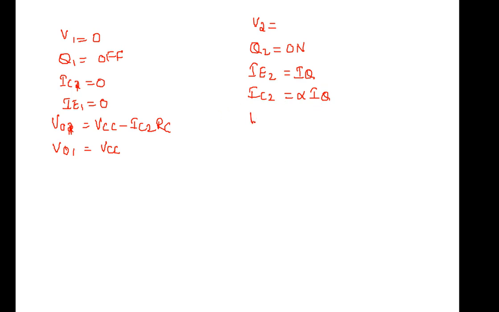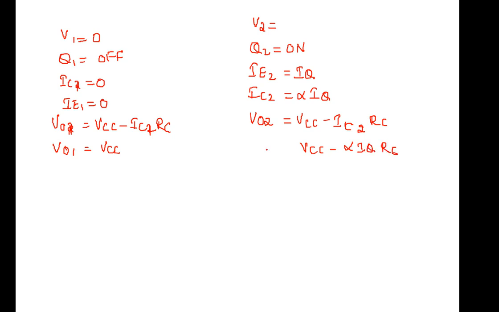And V02 becomes VCC minus IC2, which is alpha IQ, into RC.